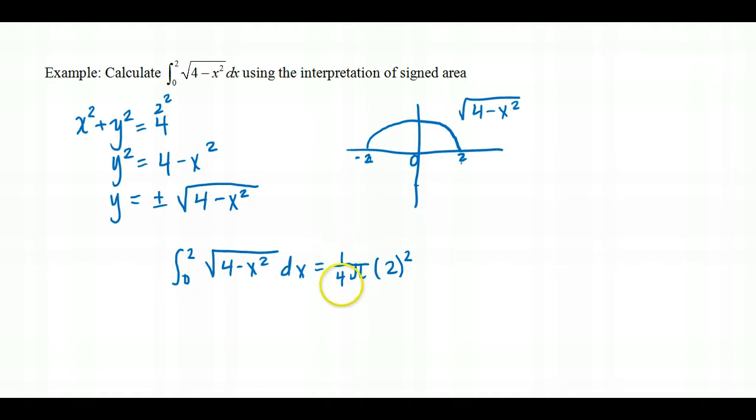So we're going to have 1/4 pi r squared be the answer. So 4, which is 2 squared times 1/4, is just going to give me an answer of pi. So the answer to this definite integral, using geometry and my knowledge that the square root of 4 minus x squared is really the equation of a semicircle, gives me this answer of pi.